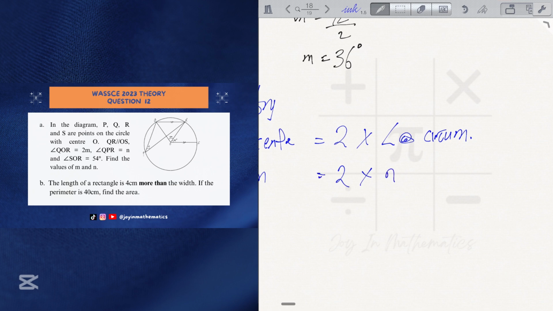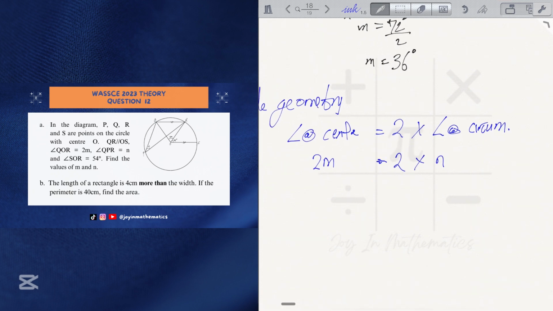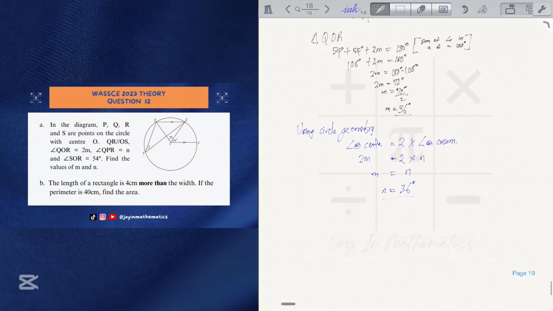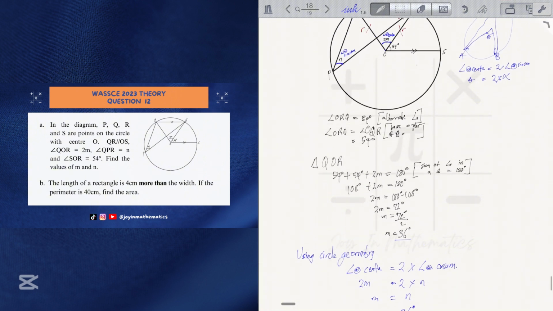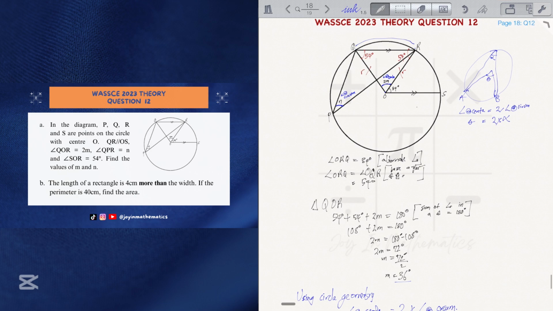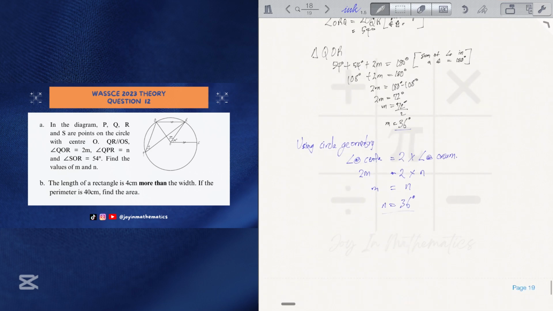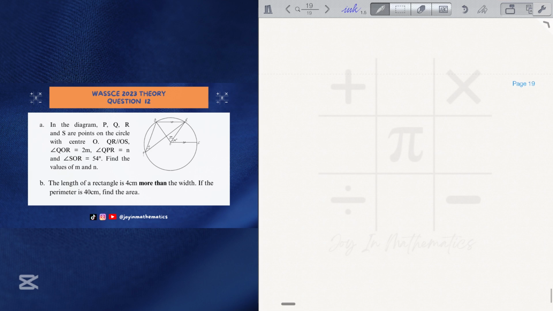So in view of this, we have m equal to n when we divide both sides by 2. So if m is equal to 36 degrees, then n is also equal to 36 degrees. So we have found the value of m and also the value of n. Now let's proceed to the next question, which is question B.